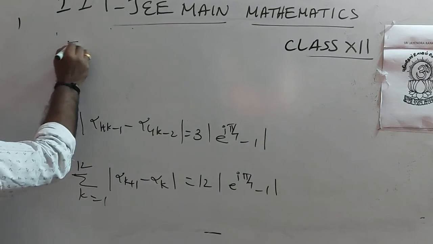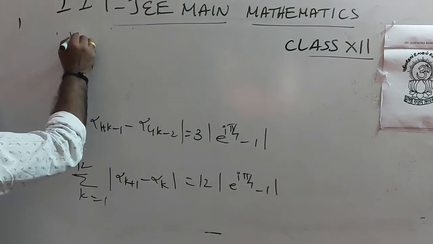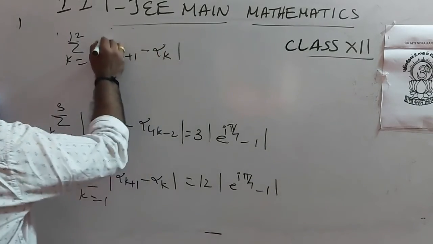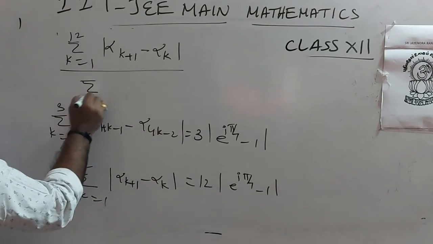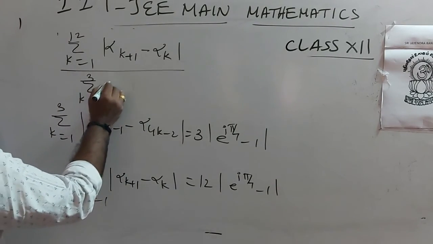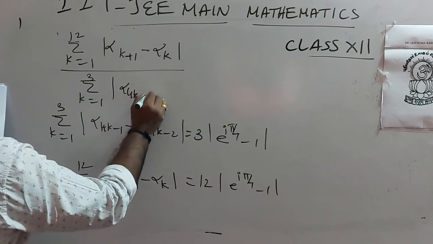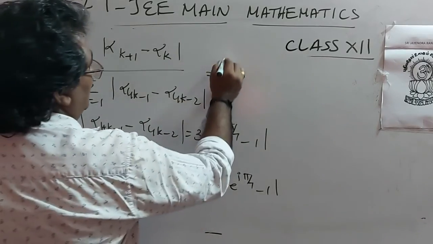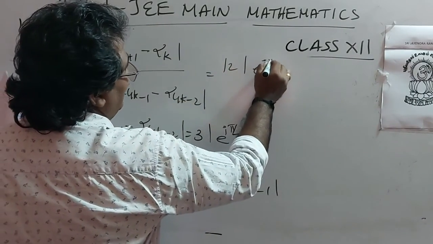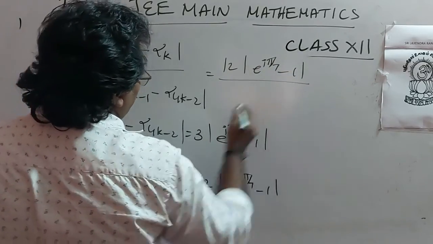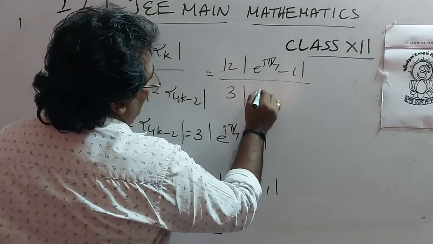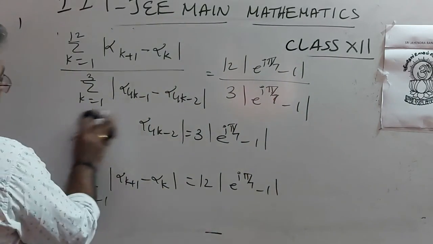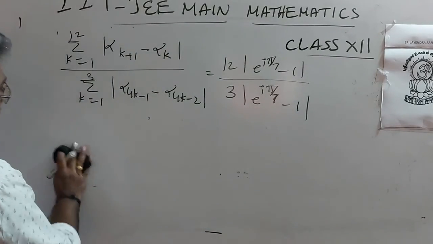So the numerator 12 times |e power i pi by 7 − 1| divided by 3 times |e power i pi by 7 − 1|.